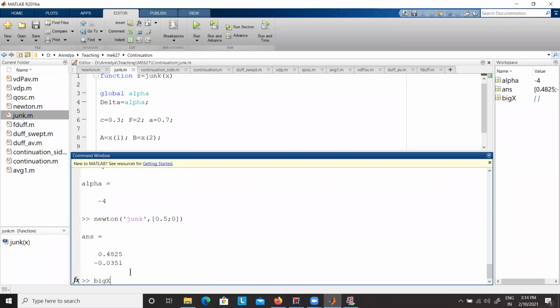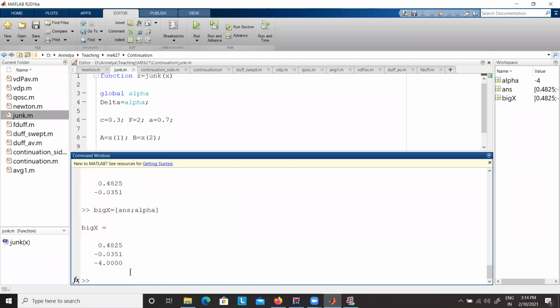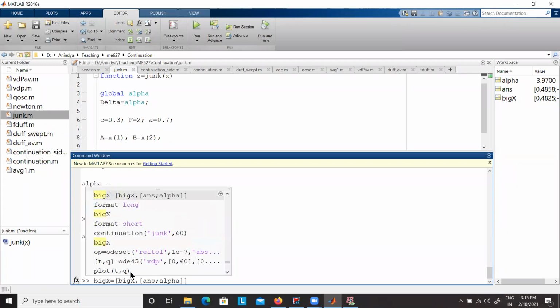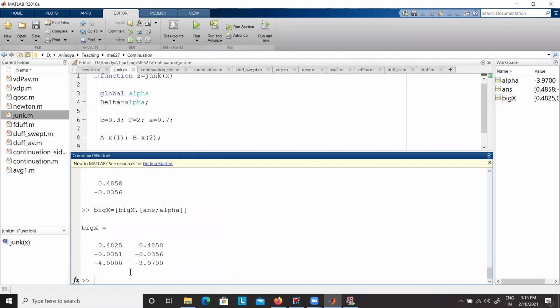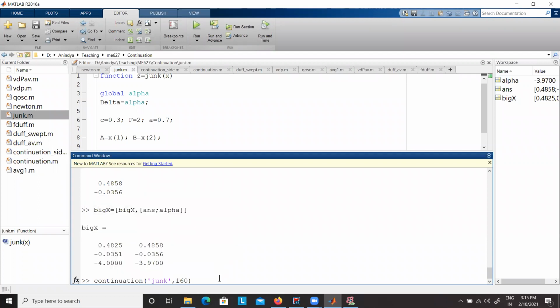I'll say big X equals that. Then I will say alpha is equal to -3.97. And then I will say Newton again. And then I will say big X is equal to that. I've got 2 now. Then I will say continuation, and then I'll do maybe 160 points.